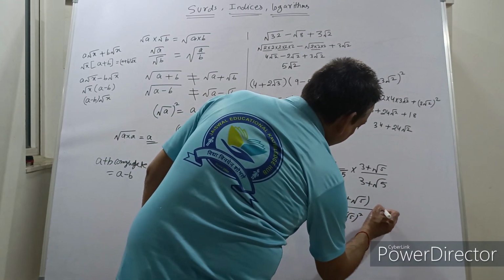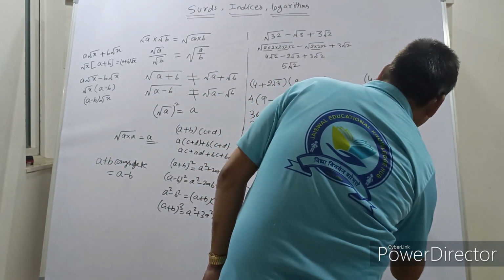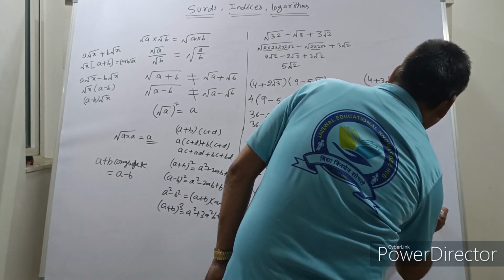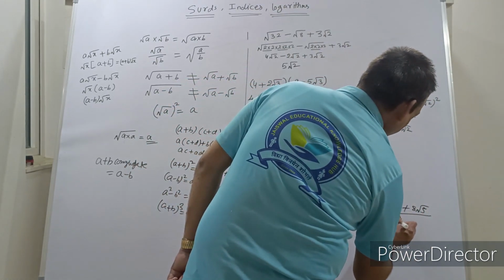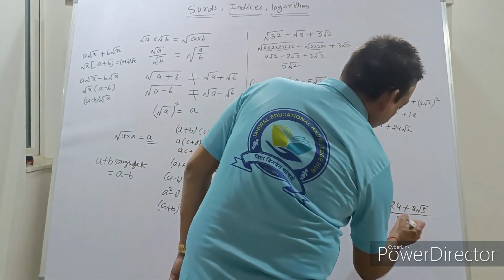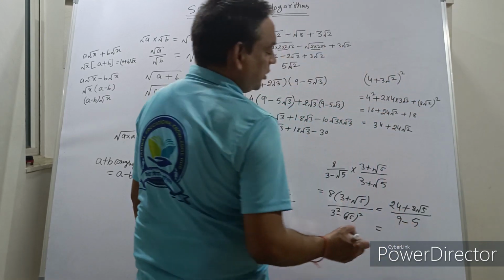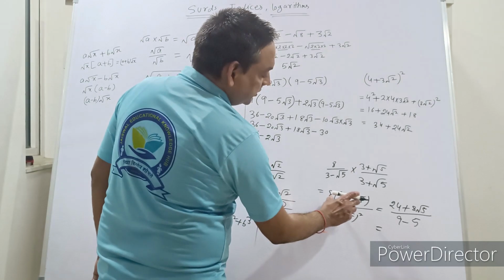So the numerator is 8 into 3, 24 plus 8 root 5, upon 3 square which is 9, minus root 5 square which is 5. So 9 minus 5 is nothing but 4. So instead, what you can do in the beginning is not multiply, just keep as it is.